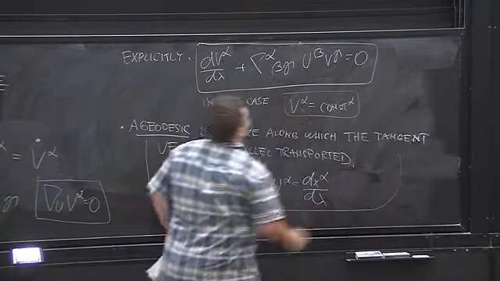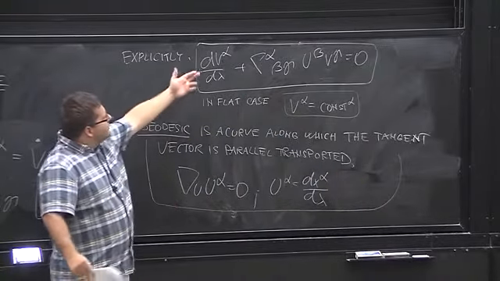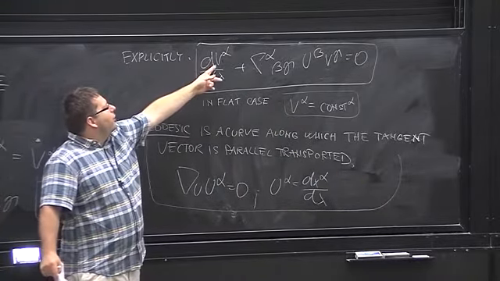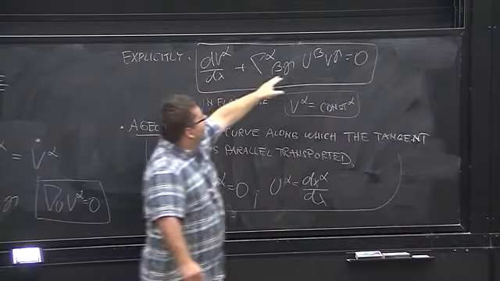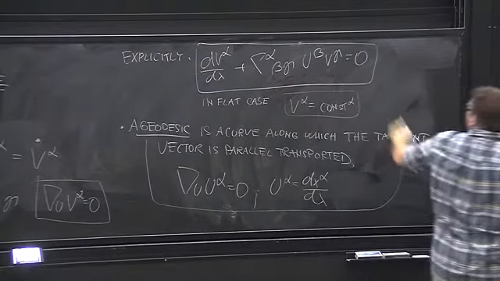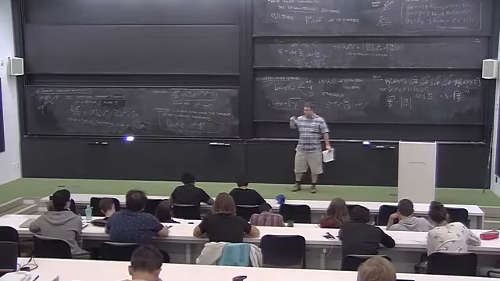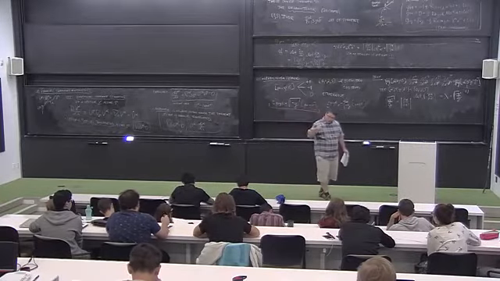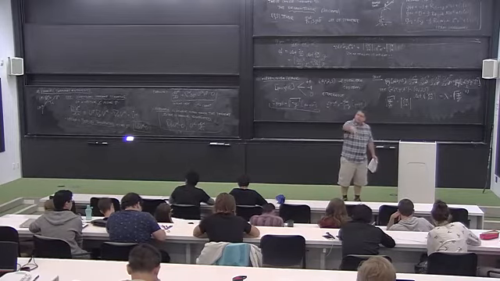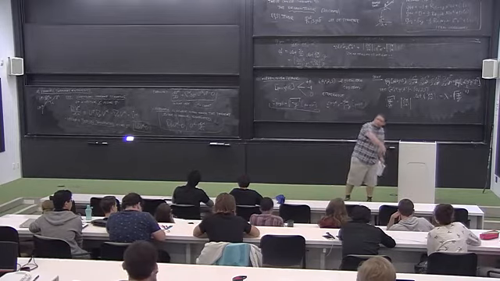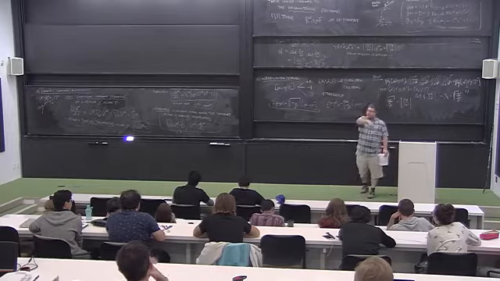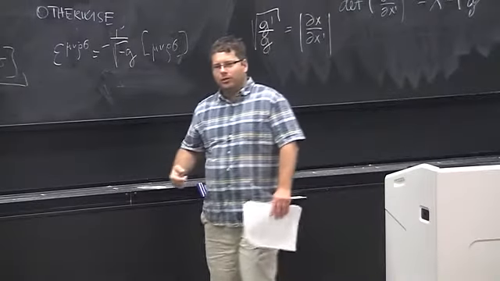Of course, what it means is that instead of v, I'm just plugging u here, so I'll have d u alpha d lambda plus gamma alpha beta gamma u beta u gamma, which is the geodesic equation we have seen before, right? So the geodesic equation is really that the tangent vector is parallel transported along the curve. It's such a curve that the tangent vector is parallel transported.